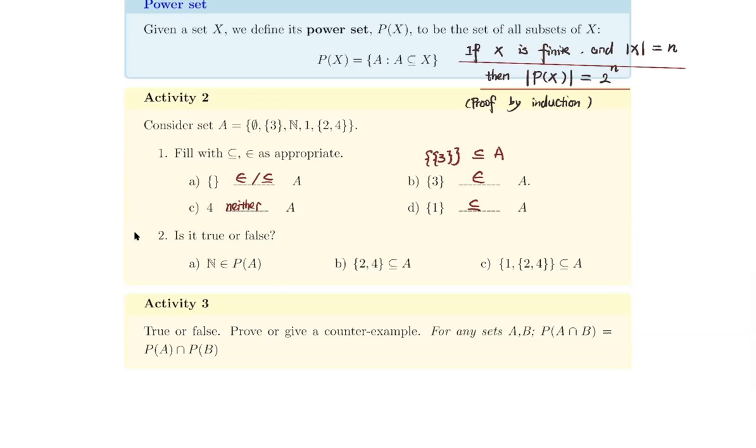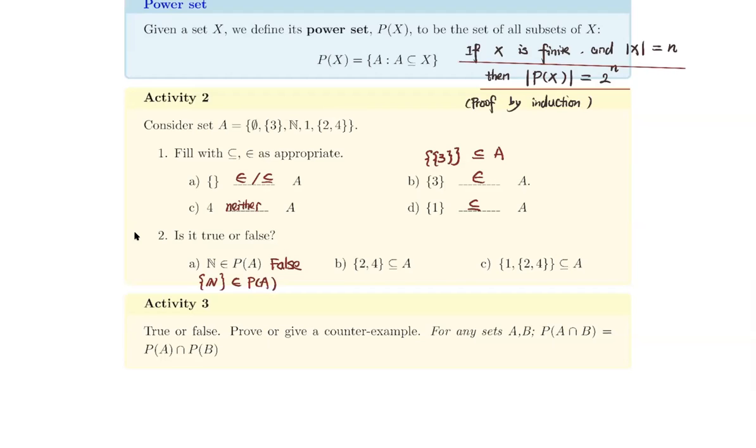False, it is false. How do I change it so that it's true? Anyone know? So what is an element of the power set of A? Exactly, okay? It's a set that has the set of natural number in there. This will be an element of the power set of A.